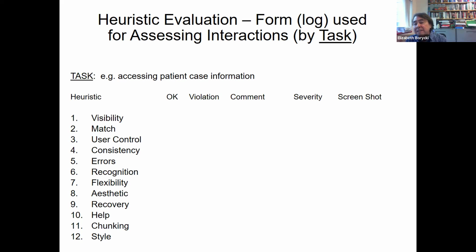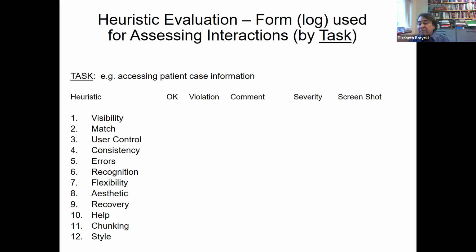Elizabeth will talk about that, but this example is just using Nielsen's basic 10 and the 2 I added. And we can say, as we're going through the system, is there a violation? Comment about it, come up with its severity. Some of this is a bit subjective, but then produce a screenshot to show it.